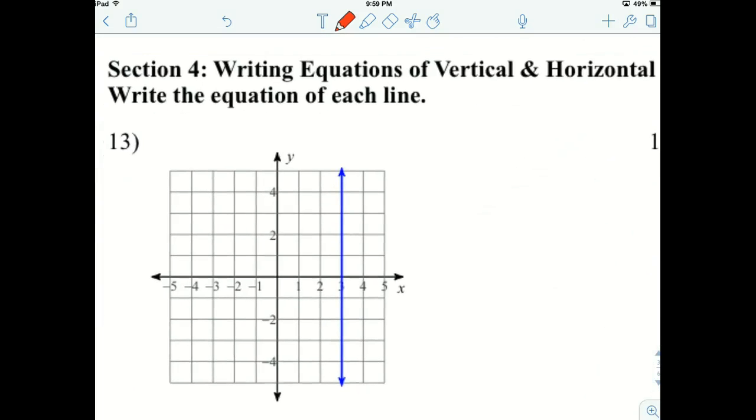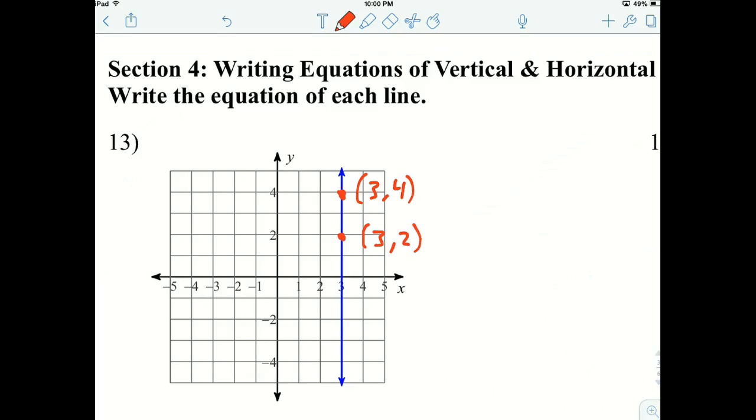If I look at this and I'm trying to draw this graph, I want to identify something interesting. You don't necessarily have to write this down, but just listen as I explain. This point right here is 3 over and 4 up. Another point on this line is still 3 over, but 2 up.